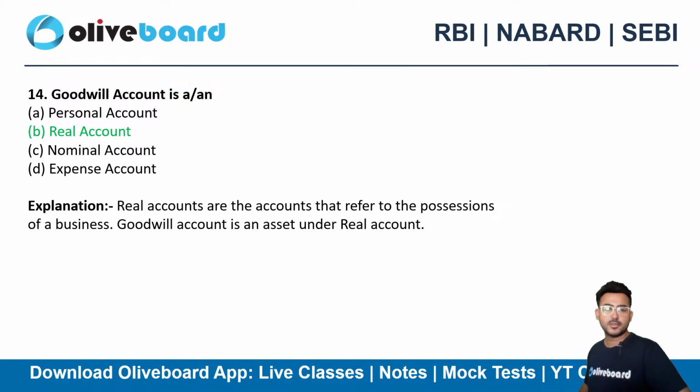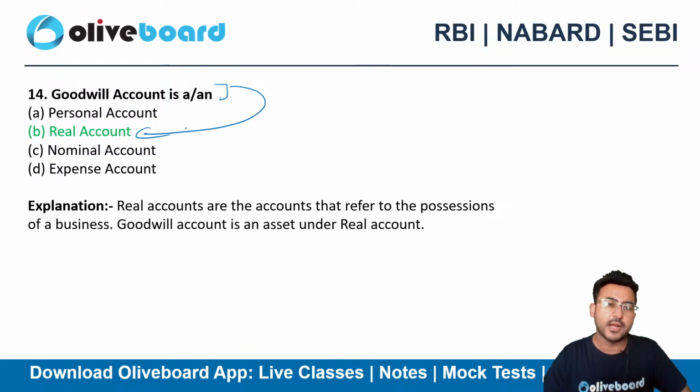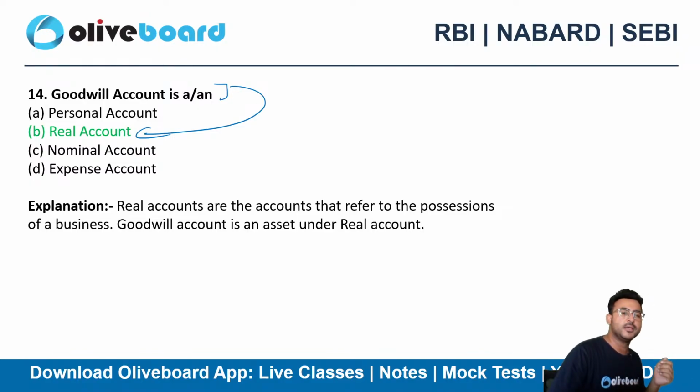It is a real account. Okay, it is a real account. Goodwill account is a real account. Why? Because it is an intangible account, and every tangible and intangible account falls in real account.